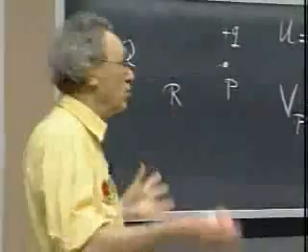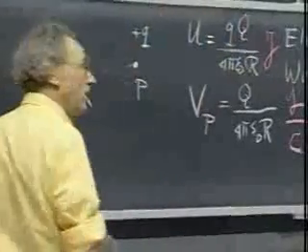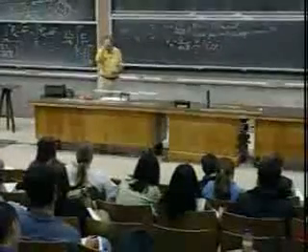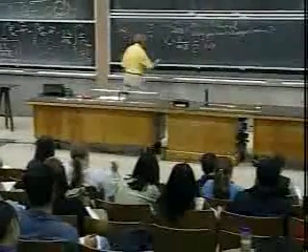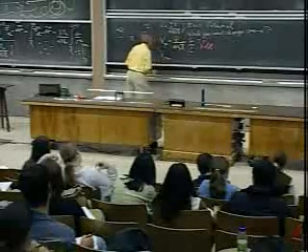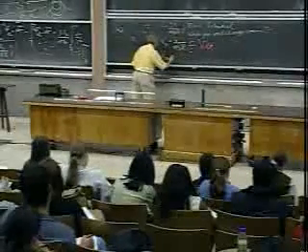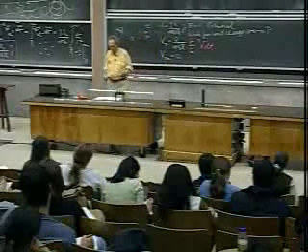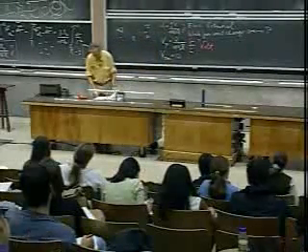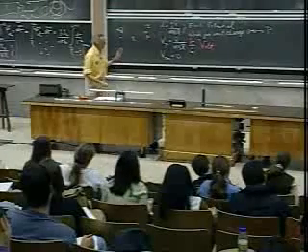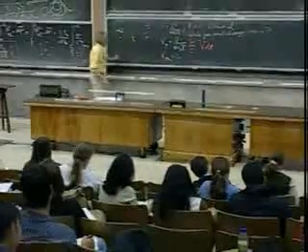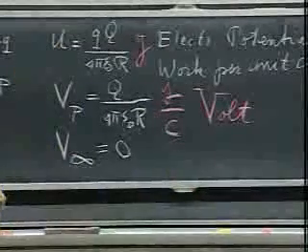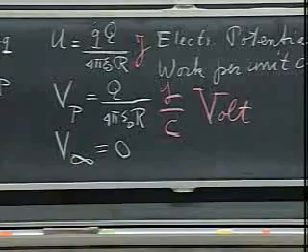The work that I do per unit charge coming from infinity would be negative, if that's a negative charge. And the potential, when I'm infinitely far away, when this R becomes infinitely large, is 0. So that's the way we define the zero. So you can have positive potentials near positive charge, negative potentials near negative charge, and if you're very, very far away, then potential is 0.